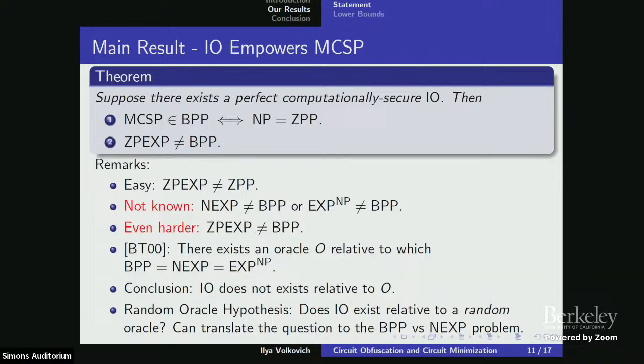Not sure if that's the best way to do it, but I think it's nice. How do you define IO with a random oracle? Does the obfuscated circuit have access to the random oracle? Your circuit is an oracle circuit, and your output circuit is an oracle circuit. Usually, everybody can access the oracle O, right?